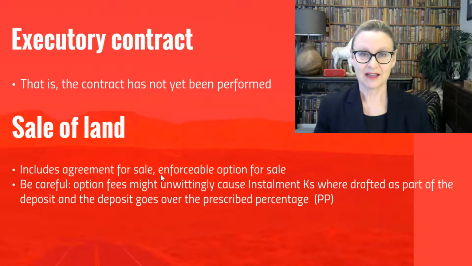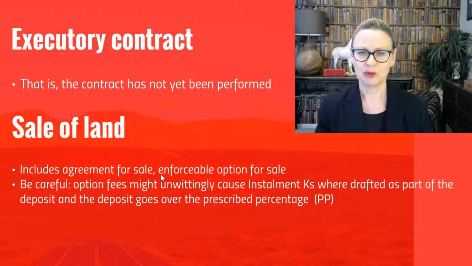One thing the text does say to be careful of when you're drafting up an option agreement is to be very careful about how you're packaging in option fees and the payment for option fees, because if you sweep those into the deposit and they are interpreted as forming part of the deposit, you may find unwittingly that your deposit actually goes over the amount of the prescribed percentage for deposits, and that can tip you over into an instalment contract when perhaps it was not intended.